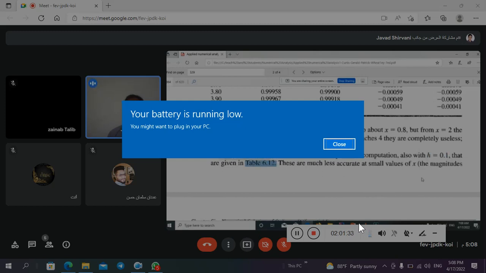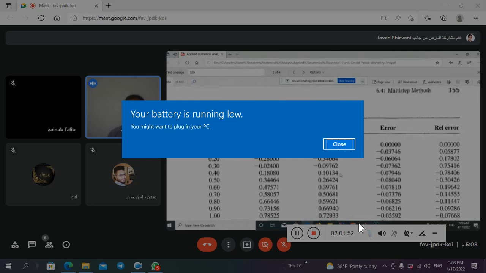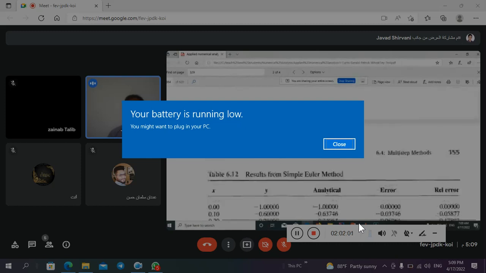They are much less accurate at small values of x. The magnitudes of the error from the simple Euler computation are on the average nearly 20 times as large at these values. For example, the next one has an error of minus 0.431.